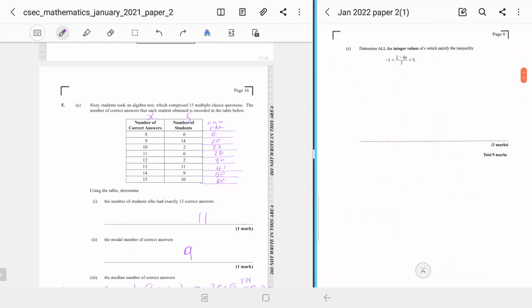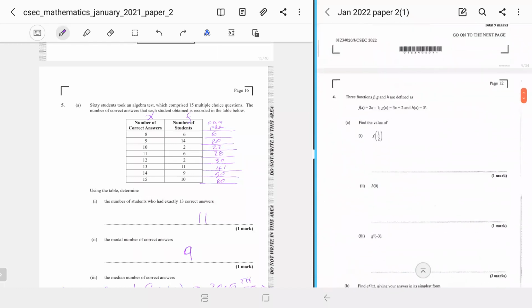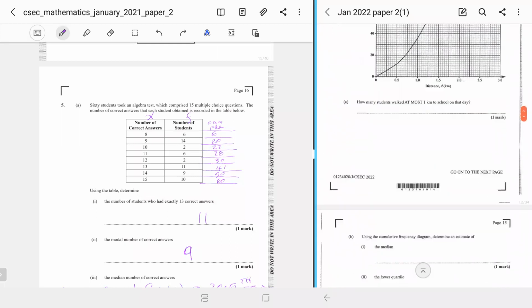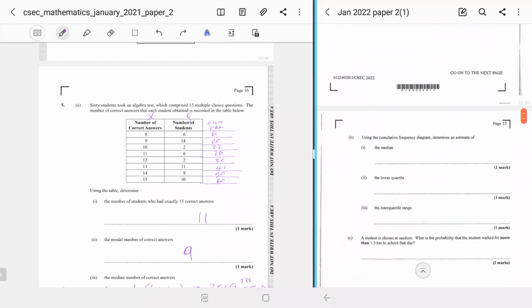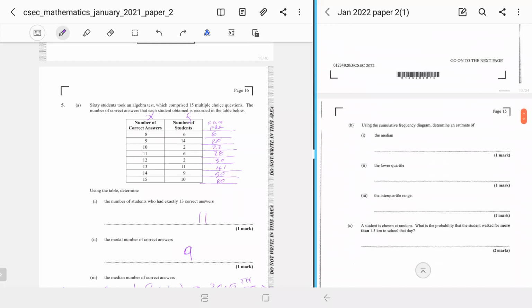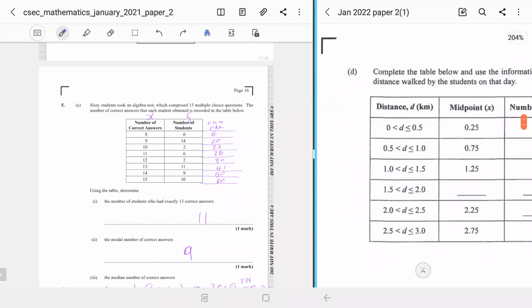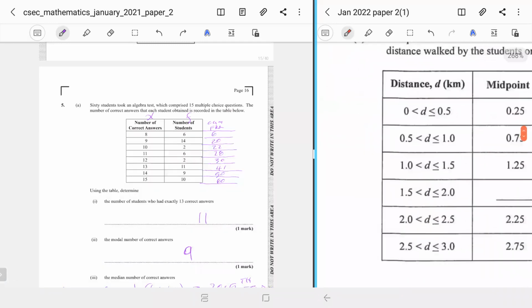I just gave you a grouped one a while ago, where you can see they give you a range of values in the table. You see a statistics question here, but this is for grouped data. So I'm telling you how they're presenting the data nowadays. This is January 2022.